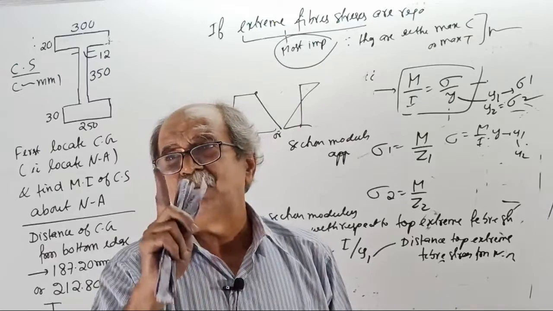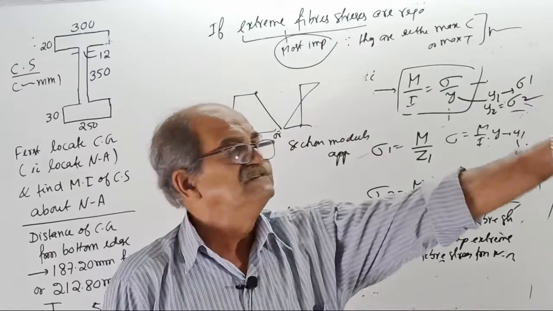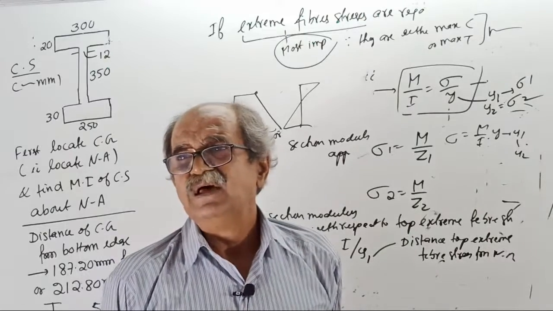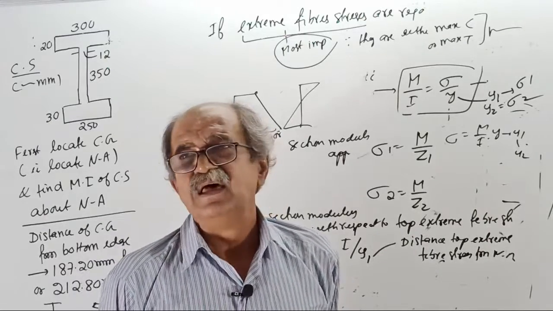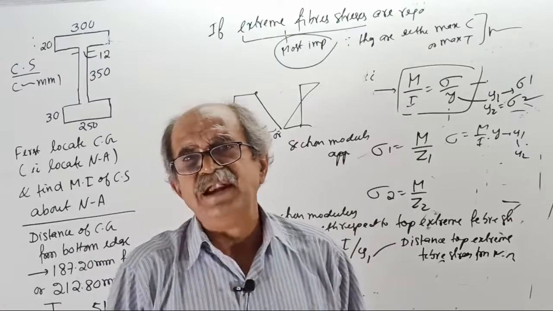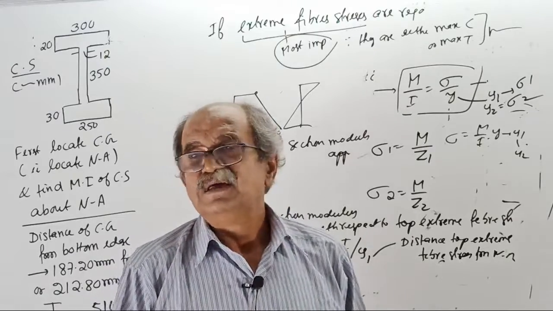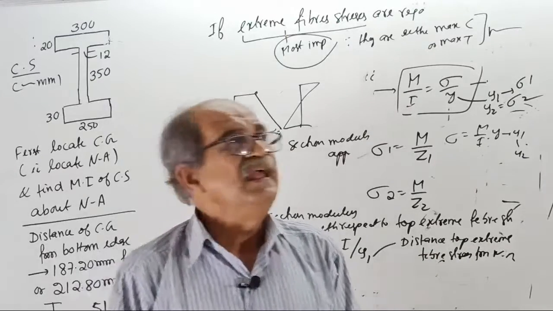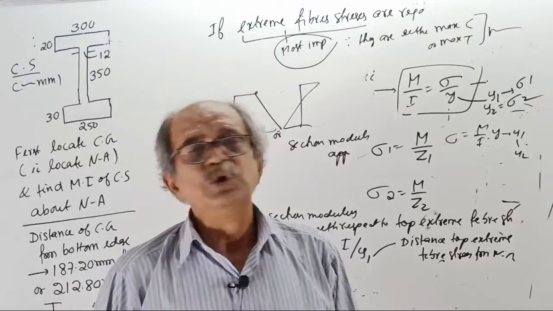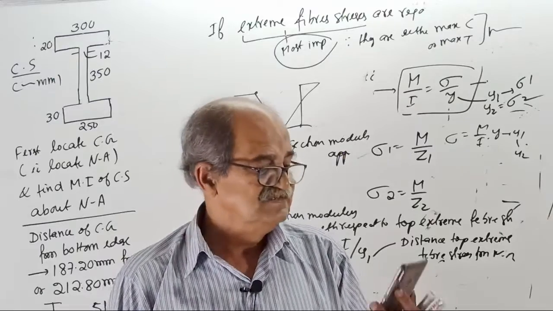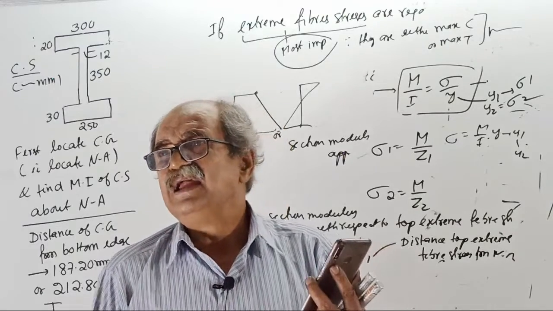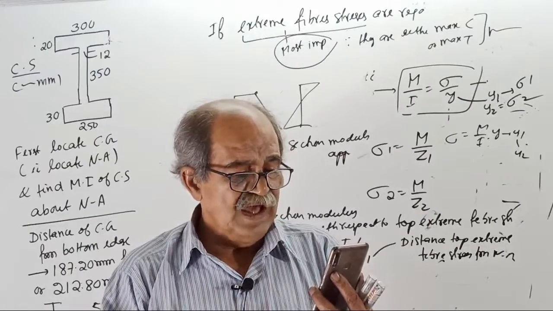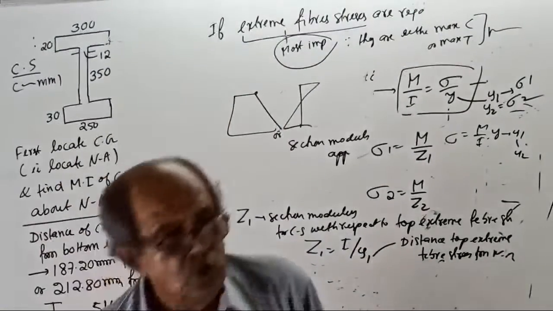Not a single problem in my class gave a different answer when I solved by force method or displacement method, or stiffness method or flexibility method. Answer never came different. But here I will not tell, because both are same. Instead of writing 10 by 2, you are using 5. That's all. Both are same. Okay, now make a note.